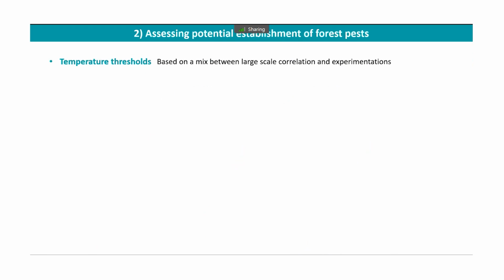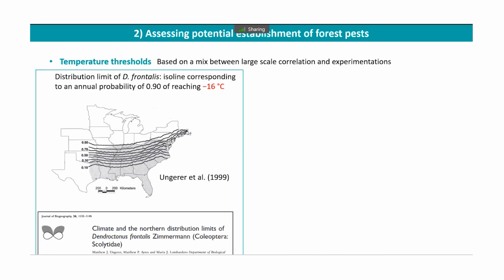So some models can use temperature thresholds, and these thresholds are usually defined based on a mix between large-scale correlation and experimentation. Here, this is a well-known case study. This is where the northern limit of the species distribution of Dendroctonus frontalis in the US can be defined by the isoline corresponding to an annual probability of 0.9 of reaching minus 16 degrees.